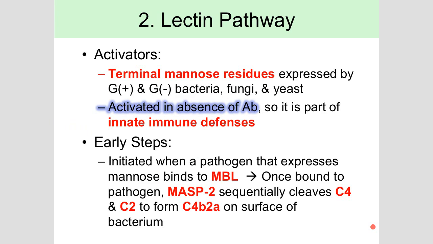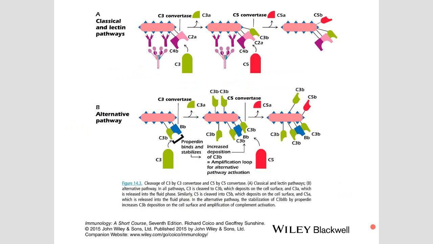And once they bind, they initiate this series of events in terms of complement proteins. But the most important thing is that mannan binding lectin has to bind to that portion which is there on the bacteria.